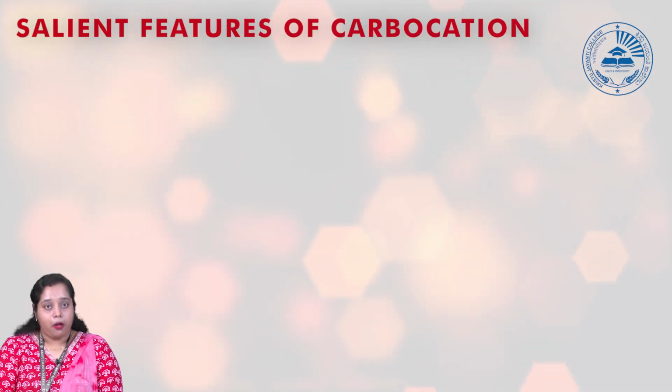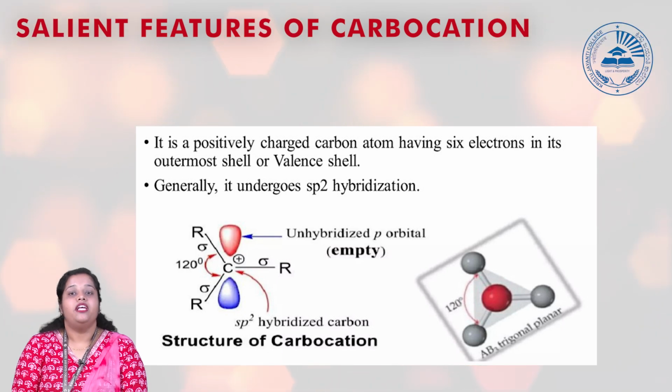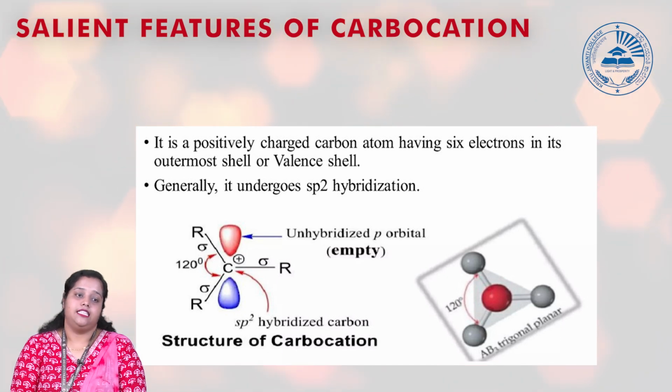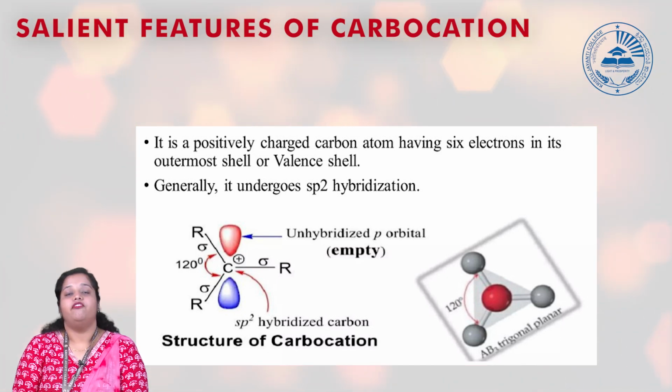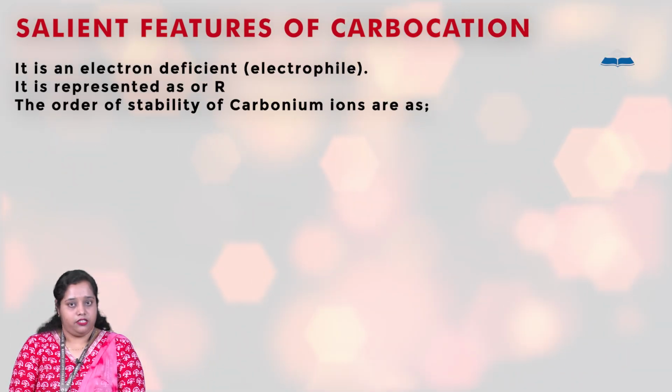Next, talking of properties, they are very reactive and unstable due to their incomplete octet. They are positively charged atoms with 3 bonds, as is evident in the diagram for both top view and side view.